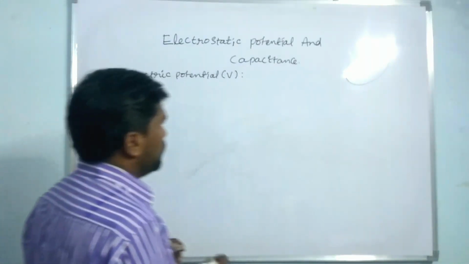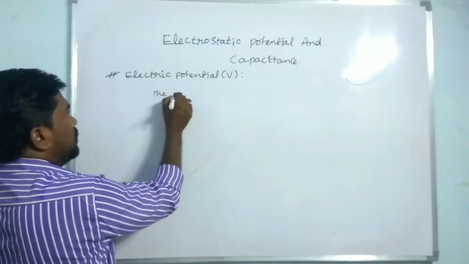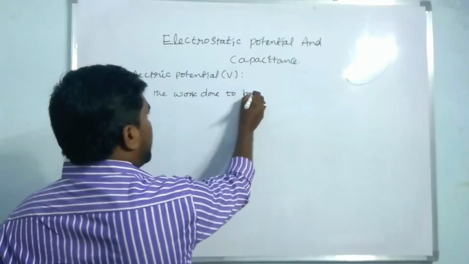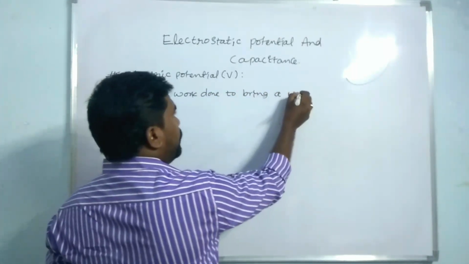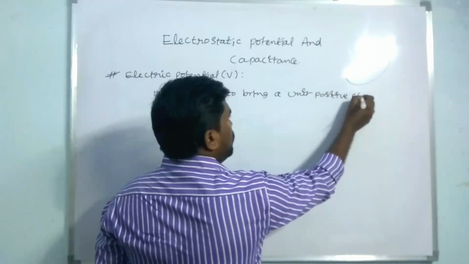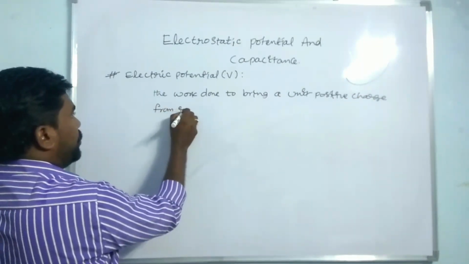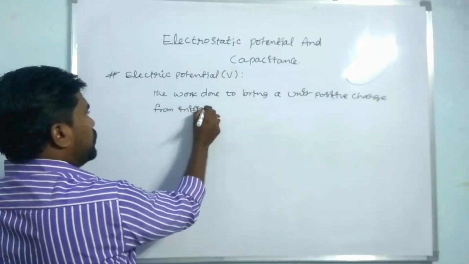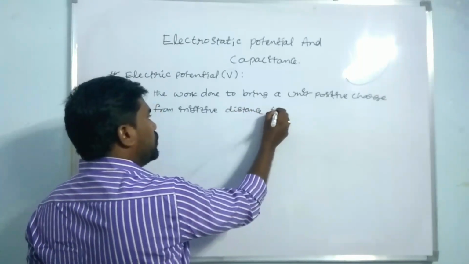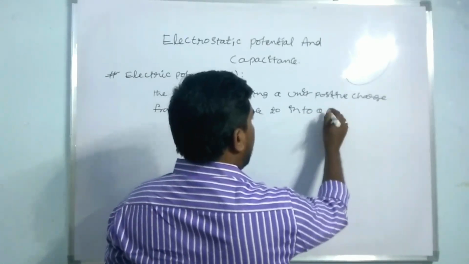So for example, the electric potential is defined as the work done to bring a unit positive charge from infinite distance into an electric field.